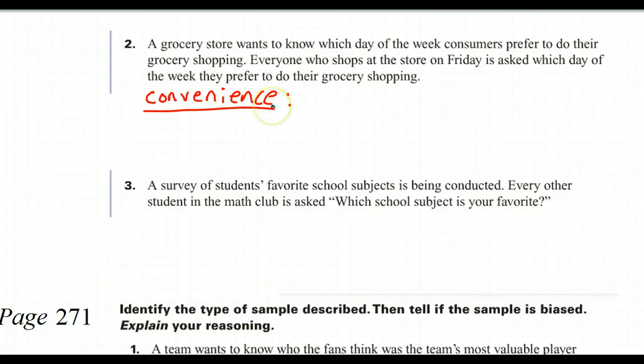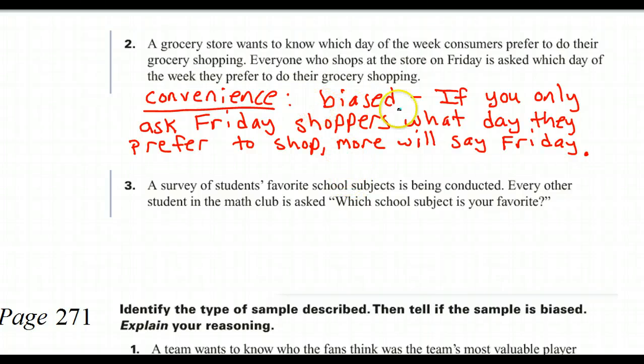And as I mentioned, this will definitely be biased, because if you only ask Friday shoppers what day they prefer to shop, obviously there will be an unusual percentage of them that will say Friday. Because that's probably why they're shopping on that particular day. If you ask on Monday, more people will say Monday, and so on.